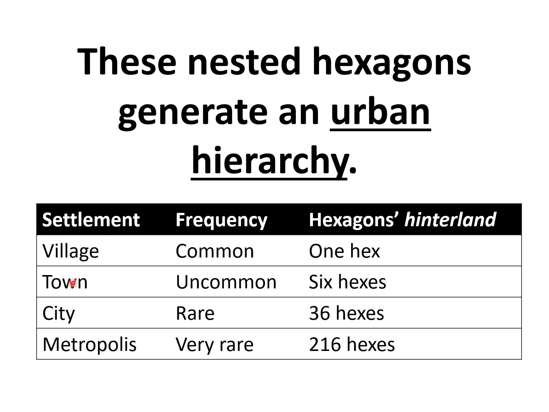We can imagine that the smallest hexagons correspond to the minimum threshold needed to support fairly commonly demanded goods and services, whether it's milk or cigarettes or newspapers, right?